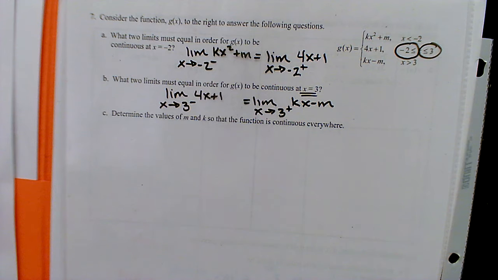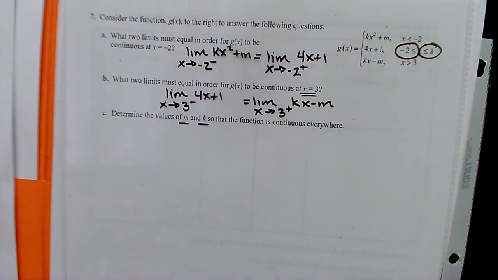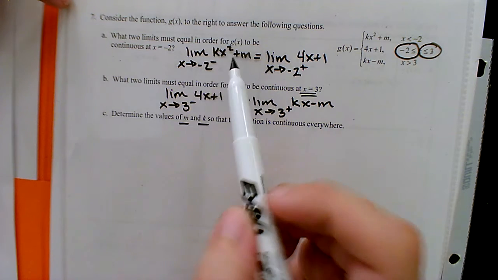Okay. So now that we have those two equations, we can use those to help us figure out what number m should be and what number k should be in order for every single piece to meet at the same point. Okay, so looking at the first equation, we're dealing with limits. You always plug in that number first.